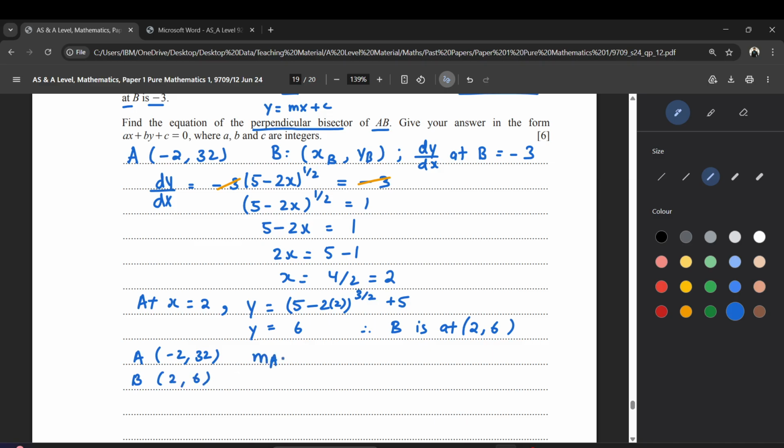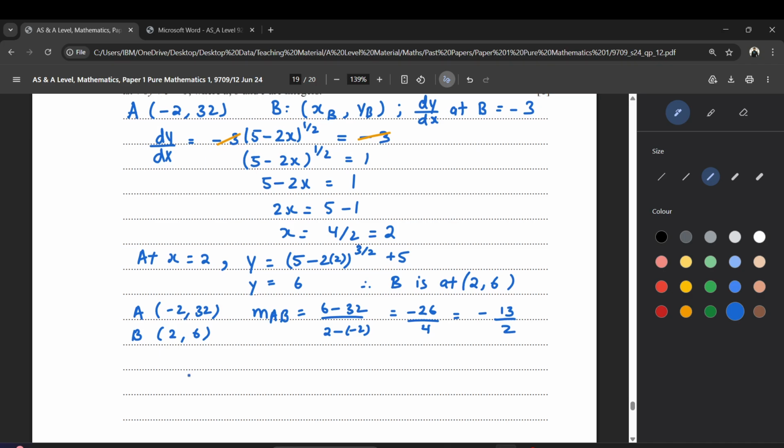So gradient of AB will be y2 minus y1, so that is 6 minus 32, over x2 minus x1, so that would be 2 minus minus 2. So you get minus 26 upon 4, which will be minus 13 over 2. Now this is the gradient of the line AB.